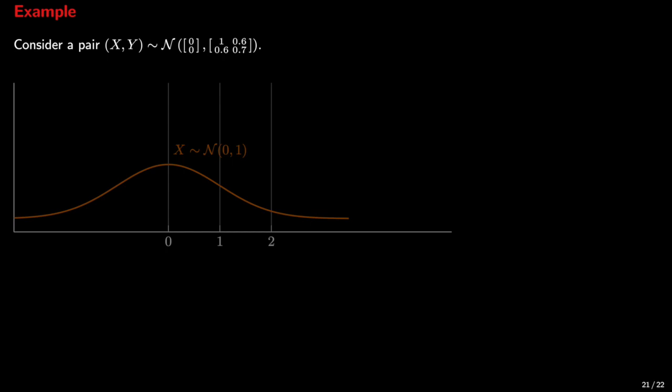Let's have a look at an example. Suppose that x and y are jointly normally distributed and have 0 mean and this variance-covariance matrix. This is the distribution of x. We measure that y is equal to 1 and we want to estimate x. The conditional PDF of x given that y is equal to 1 is shown here with a dashed line.